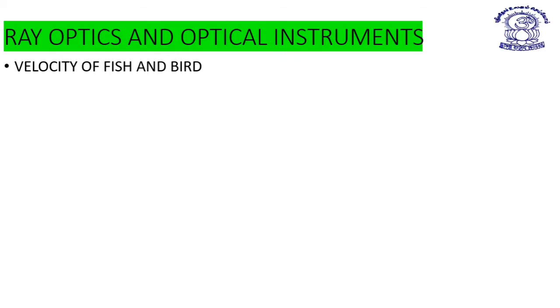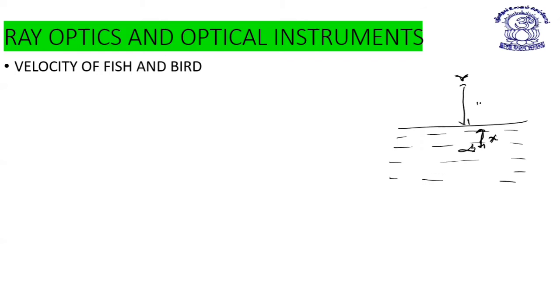Now, let us understand the concept of velocity of fish and bird. Let us assume in a lake, there is a fish at depth X and a bird is in air at height y from the surface of water.